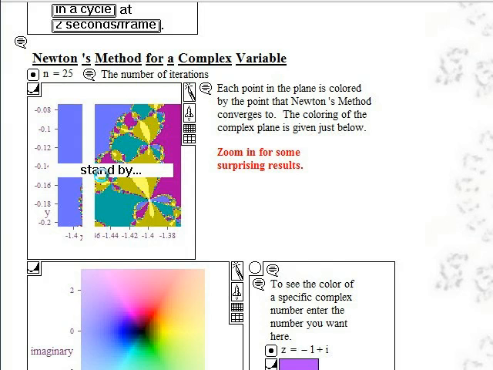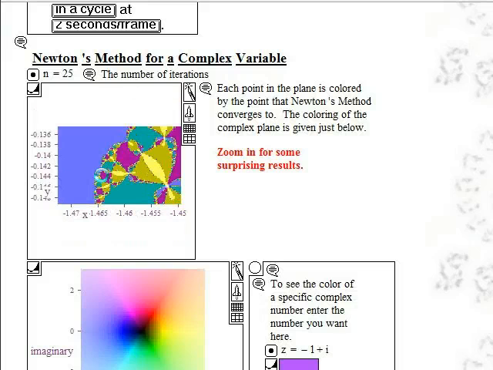And this is very common when you're dealing with fractal design and fractal creation. You have a reasonably simple set of rules that you just do. You take your output and you plug it back in and you do it again, and you take your output and do it again, and you look at the results.